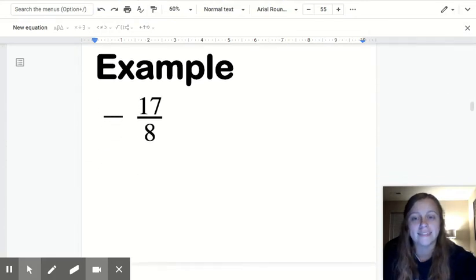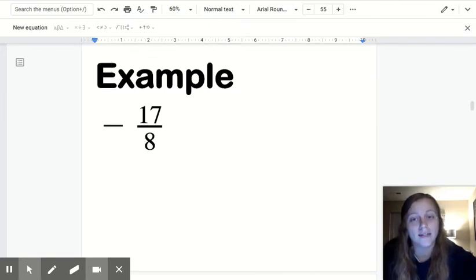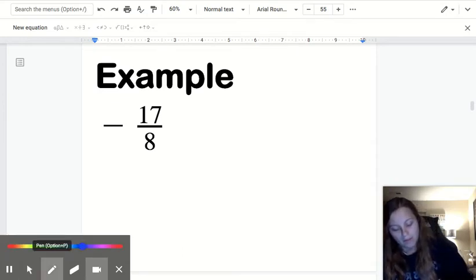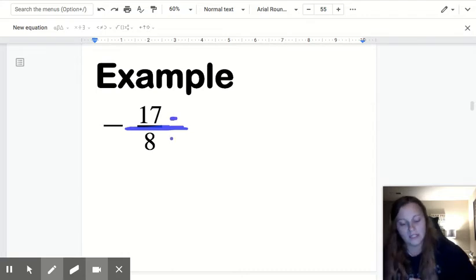So here's our first example, negative 17/8, and we want to write it as a decimal. Remember that fraction bars here really just mean division. So 17 divided by 8.